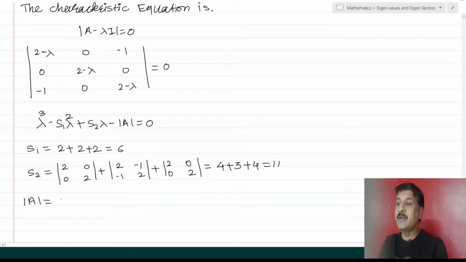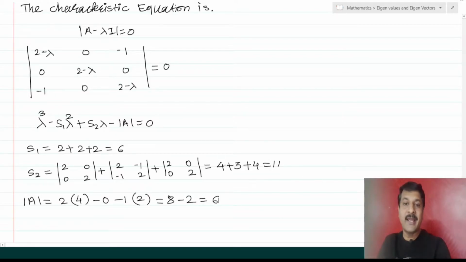What is the determinant of A? Determinant of A equals 2 times the bracket (4 minus 0), minus 0, minus 1 times the bracket (0 minus 2). So I get 8 minus 2, that is equal to 6.